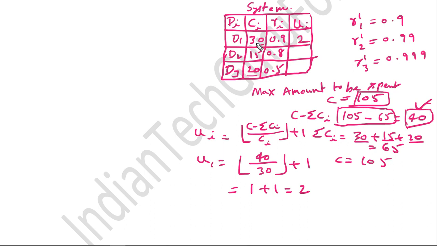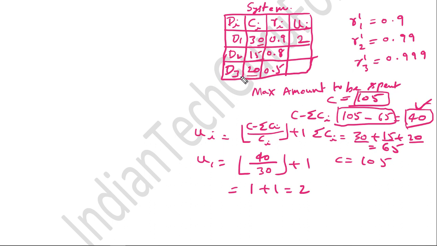So let me check. What is the cost of the first device? $30. If we have two devices, then the cost will be $60. And assume the remaining devices are one instance each, then 60 plus 15 is 75, 75 plus 20 is 95. So it will be below the maximum amount to be spent. So that's okay. Assume that you are purchasing three instances of device 1, then 30 into 3 is $90. 90 plus 15 is 105.